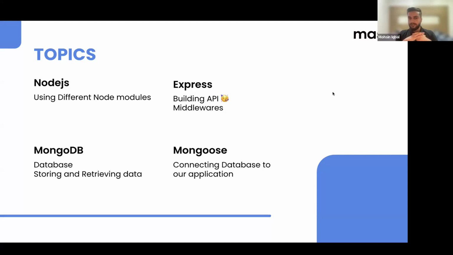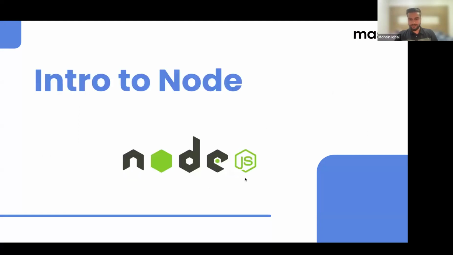We'll also see MongoDB as a database for storing and retrieving data. And we'll also see Mongoose to connect our application with the database. These four things, if you are not able to understand what I said right now, not an issue. We are going to see all of them in detail over this course.